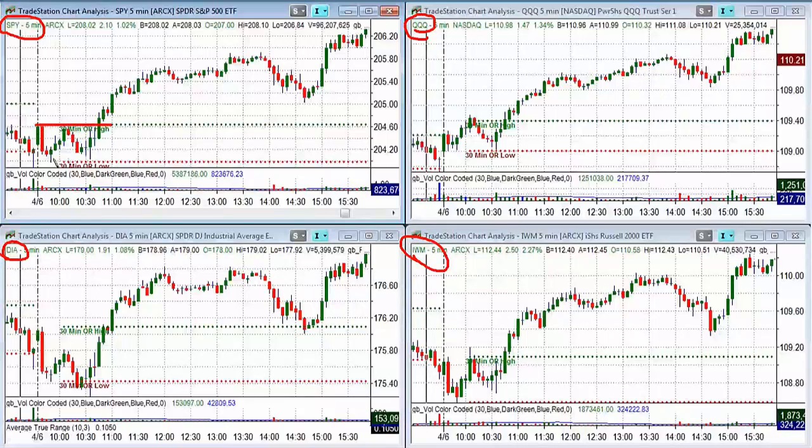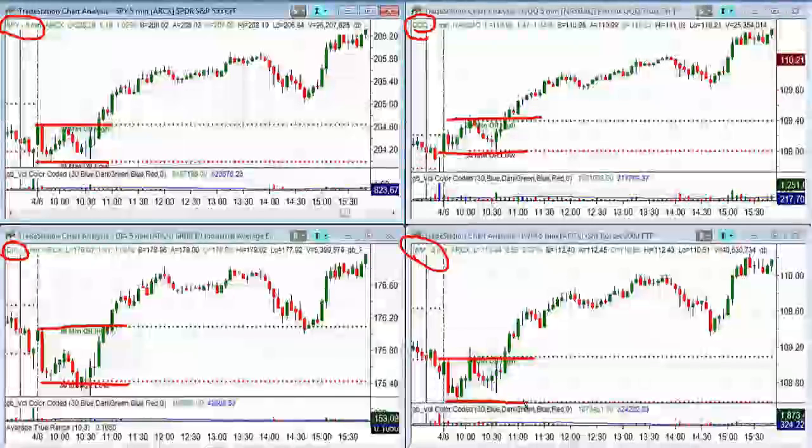If we look at the first 30 minutes on each of these charts and look at how each market is trading around that important level, you will get these patterns of either agreement or divergence. So in a word, if they're all doing the same thing, if they're all breaking the same opening range level at the same time, you've got a much better chance that that particular day is going to be a trend day.